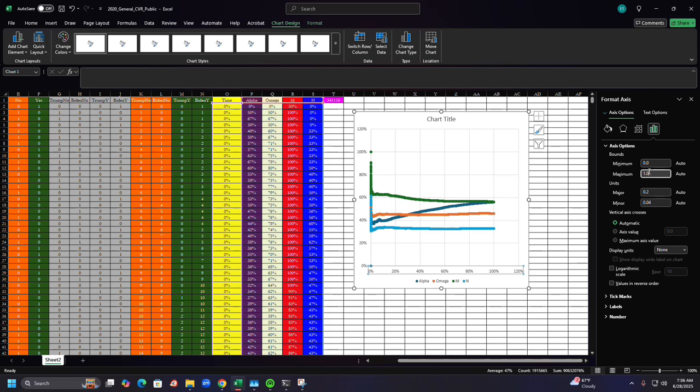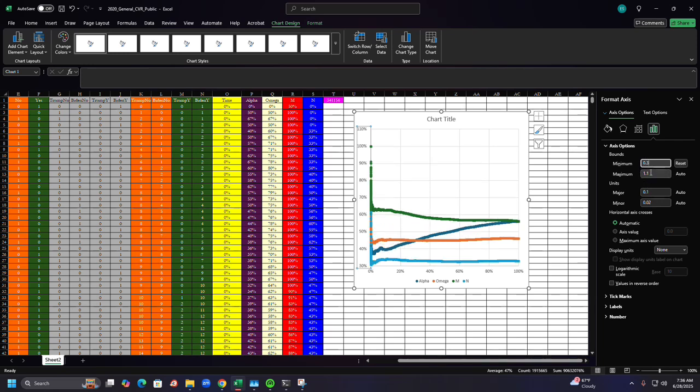This goes from 0 to 100% of the ballots counted. We'll do this from 30% to 65 perhaps. Yeah, we'll do 65.